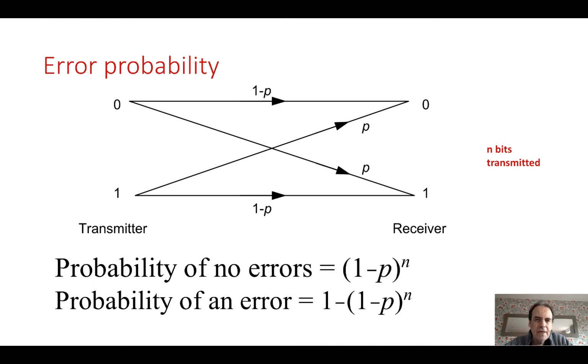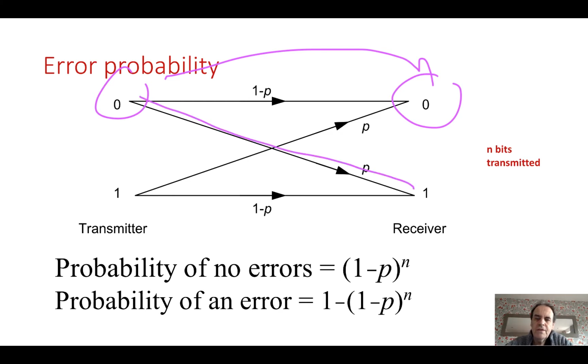So when we look at a communication channel, this is what we might actually see. We have a 0 here, and what's the probability that we have no errors and that it's received as a 0? And then what's the probability of an error, so that it's received as a 1? We typically have an equal chance for a 0 becoming a 1 and a 1 becoming a 0, and that's typically defined as the error probability.